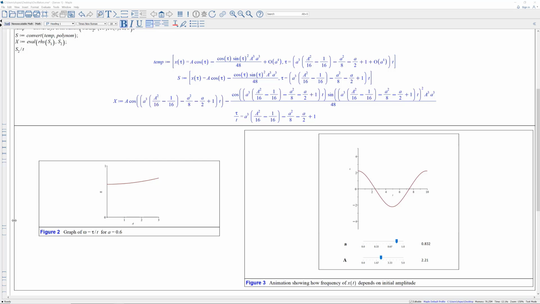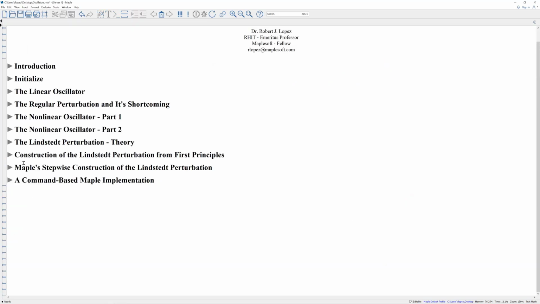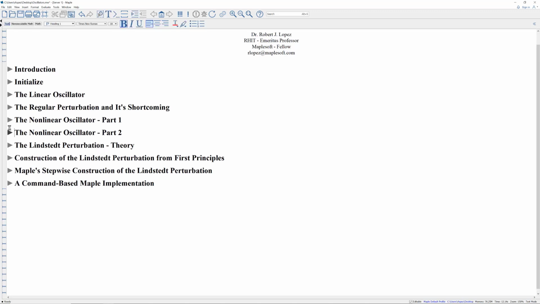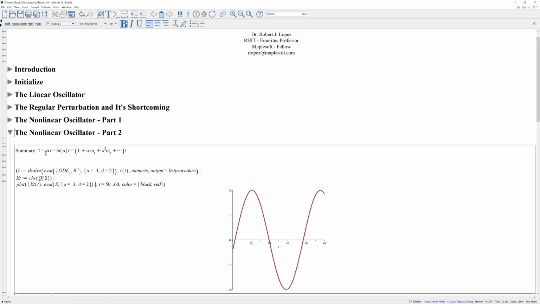Let's continue looking at these results for the nonlinear oscillator. Quick summary. This variable tau is omega t, and omega is expanded in a Taylor series, and it depends on the parameter a. So it would look like this times t.